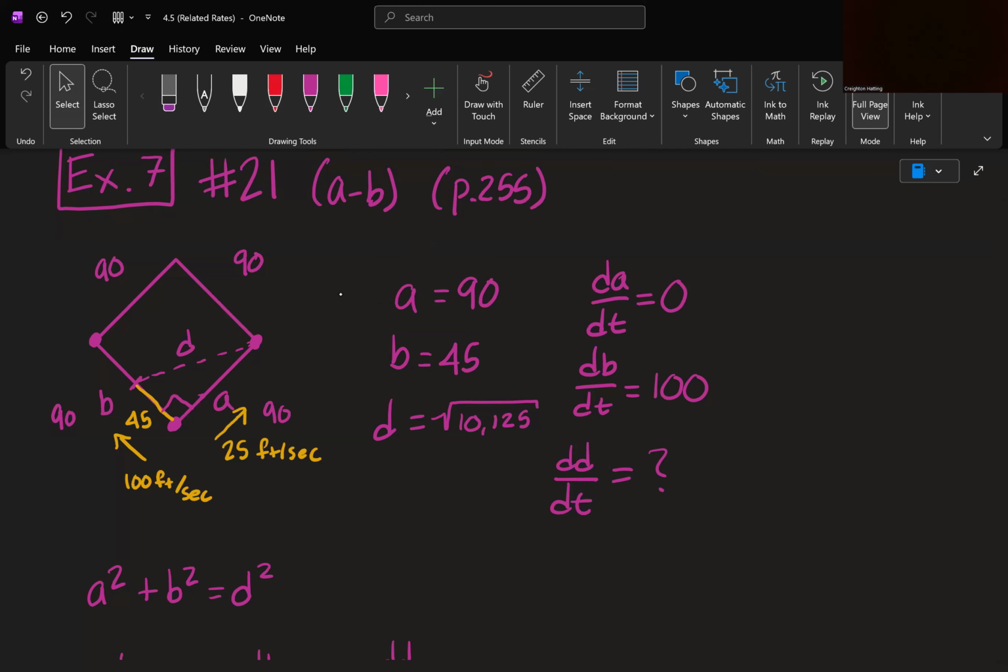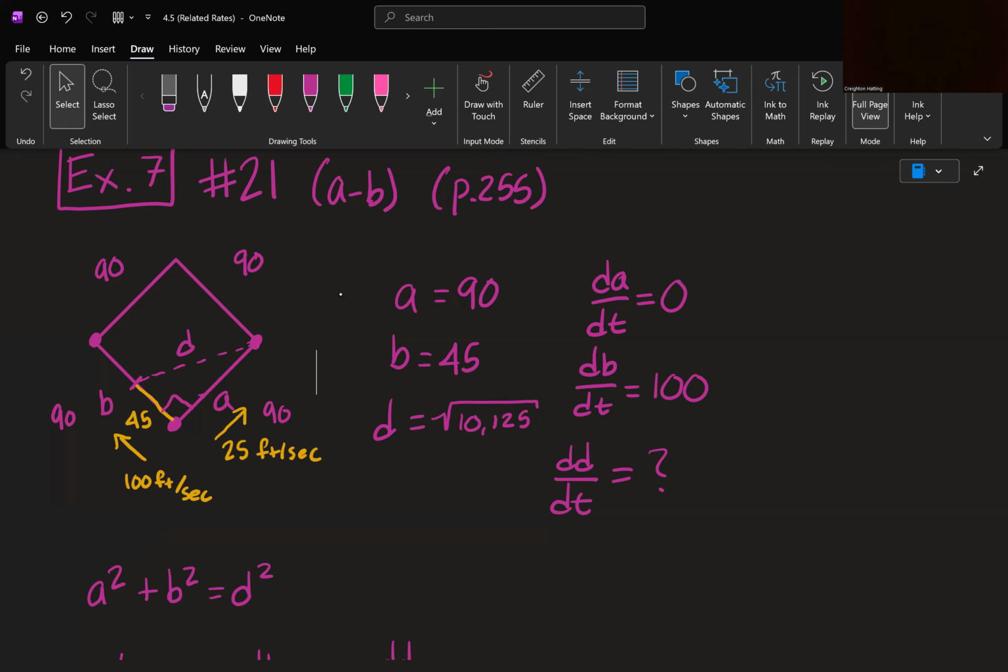And then dA/dt, there's no rate of change for dA/dt in part A because the distance is not changing between home base and first base. And then dB/dt is 100 feet per second because the ball is traveling 100 feet per second. dD/dt is what we were trying to find, the rate of change of the distance with respect to time.